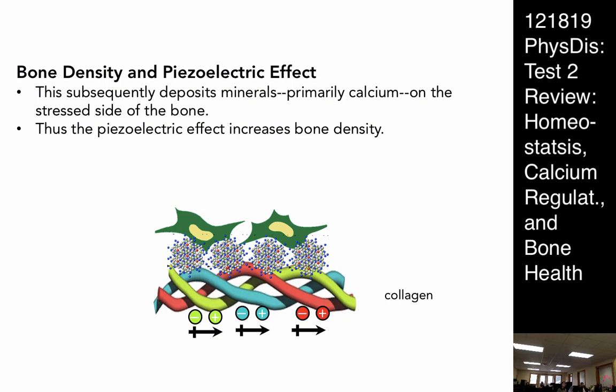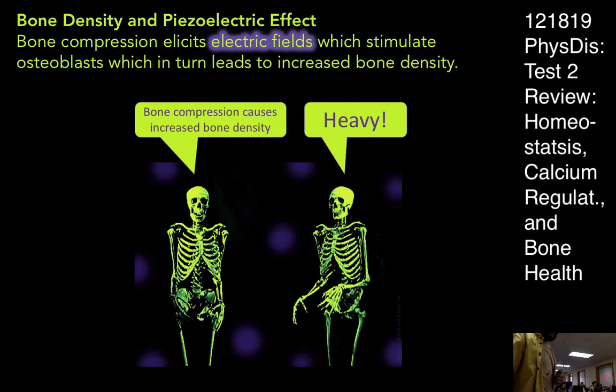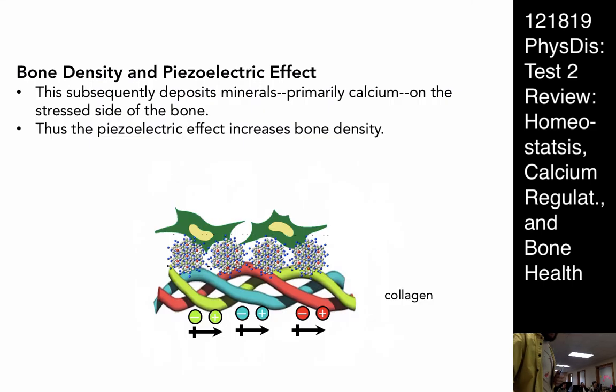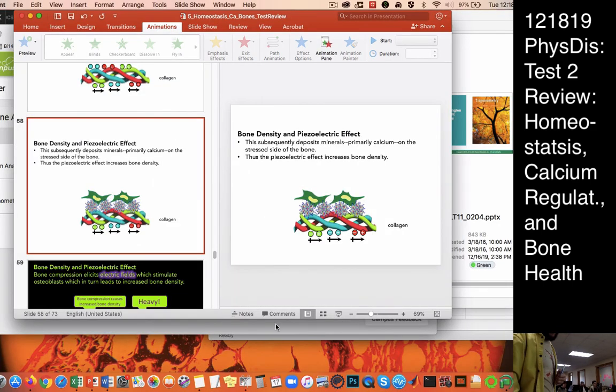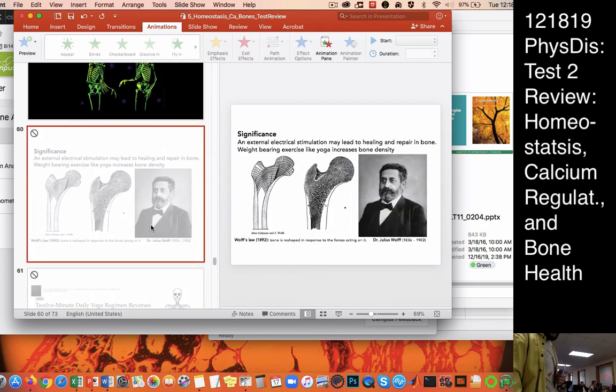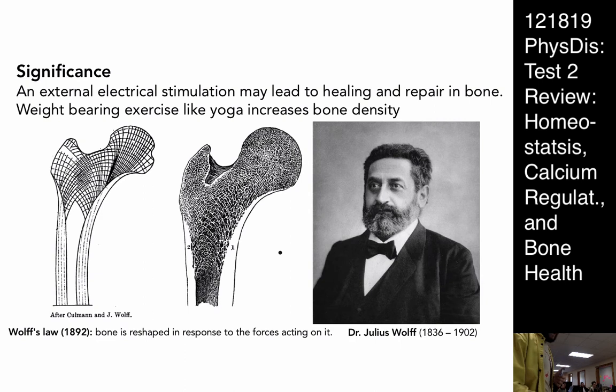Well, this is going to become calcified here, and this collagen going in the other direction will not, right? This is how we get these stress patterns in bone, right? So you see these lines along here.